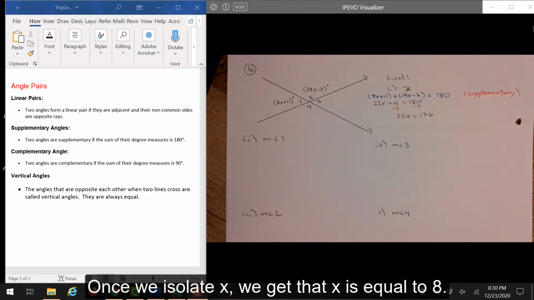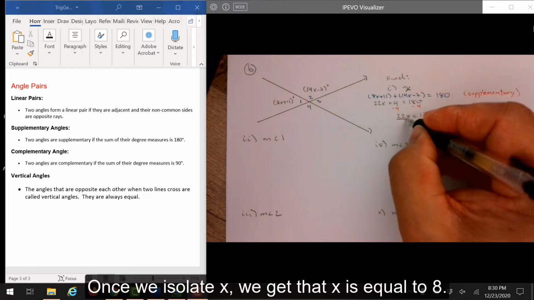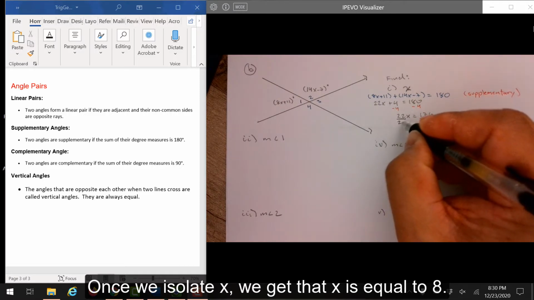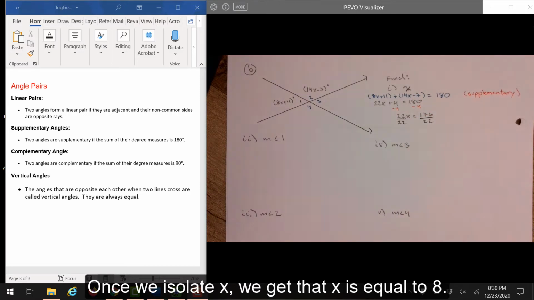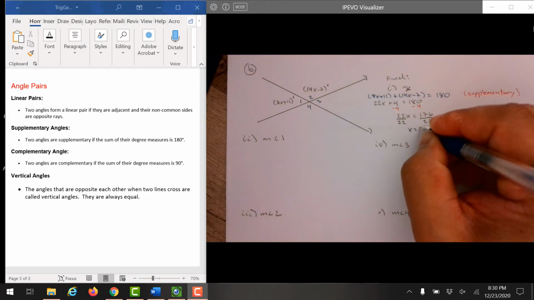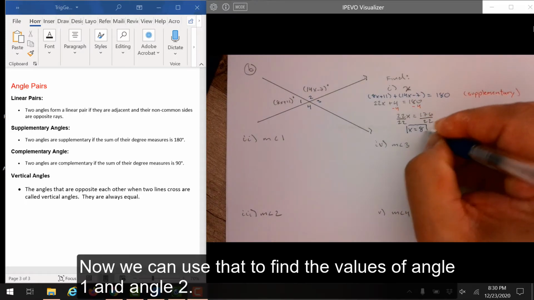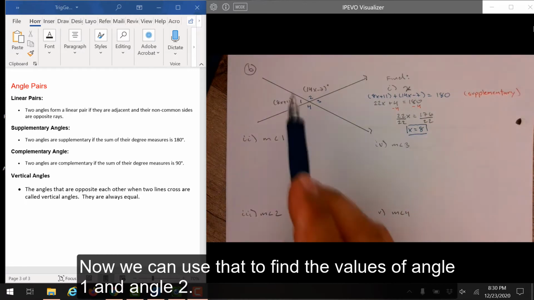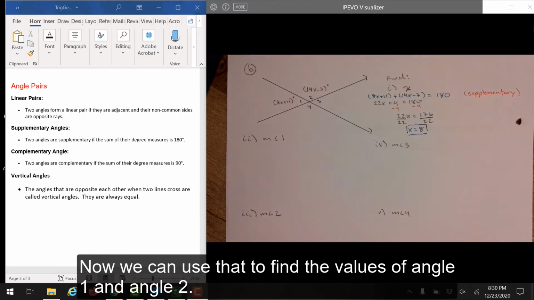Once we isolate x, we get that x is equal to 8. Now we can use that to find the values of angle 1 and angle 2.